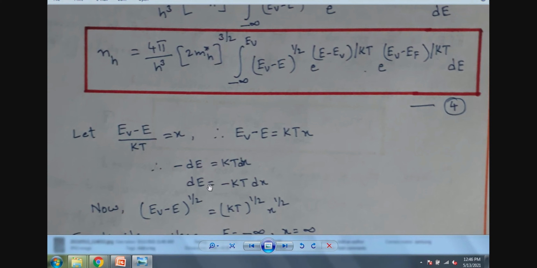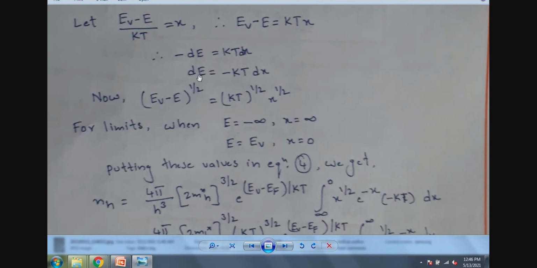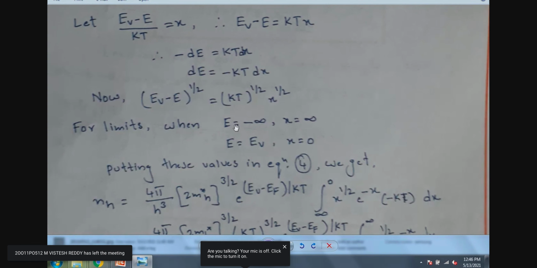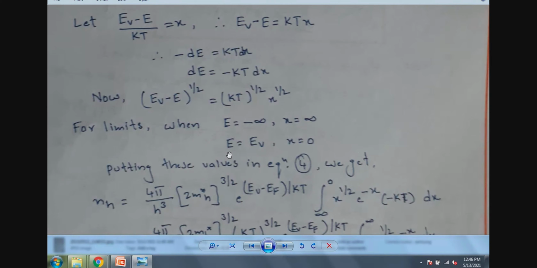So dE is equal to minus kT into dx, right? Now squaring on both sides, what you get, same expression, that is (kT) to the power of 1 by 2 into x to the power of 1 by 2. Now applying the limits, when E is equal to minus infinity, x is equal to plus infinity. Similarly, when E is equal to EV, then x is equal to 0.